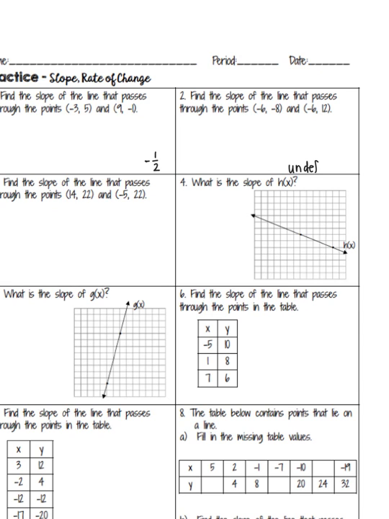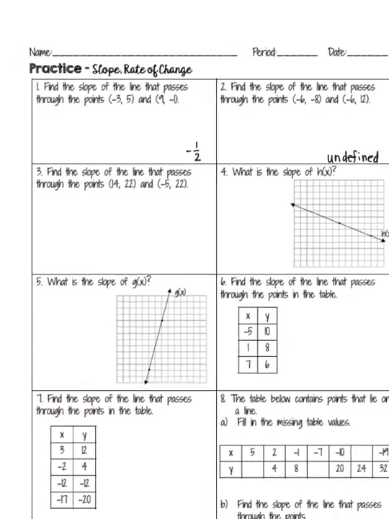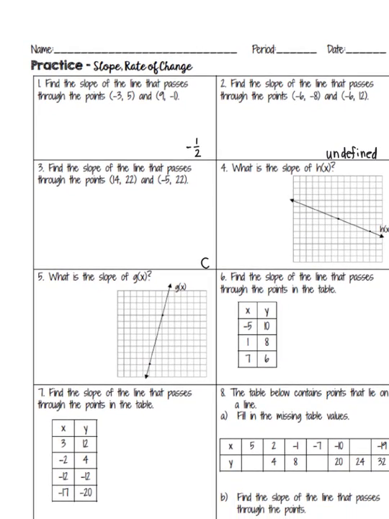There's a section in your notes that we took right before we left where we wrote out the difference between getting an undefined and a 0 slope. There's notes on how you cannot divide by 0. Think about the examples that I gave you. Number 3, you should get 0. You also have that in your notes, like what it looks like to get a 0 slope.